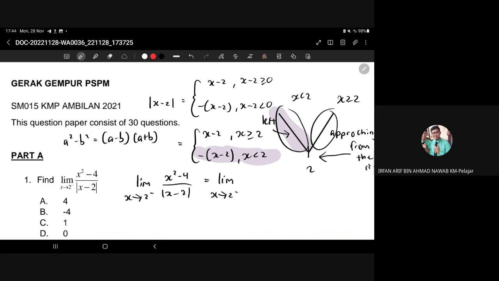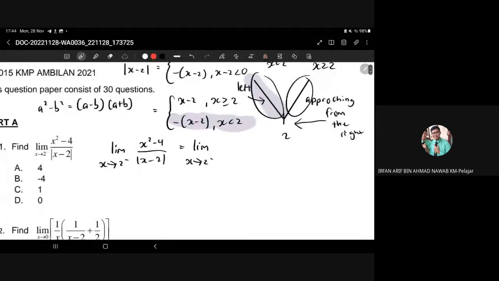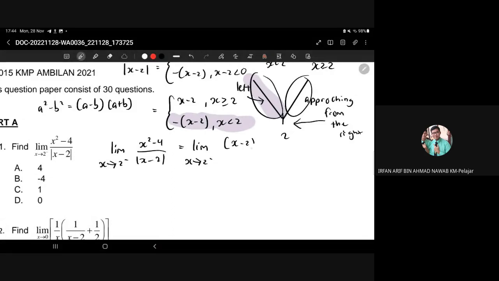From here, we can factorize this, so it will become x minus 2, x plus 2, divided by negative x minus 2.